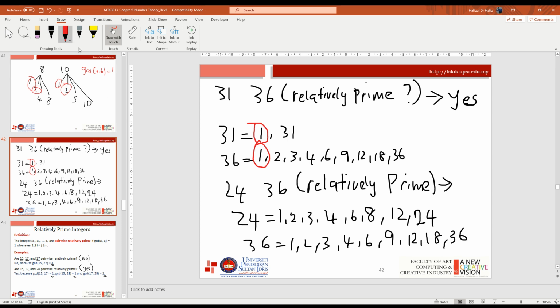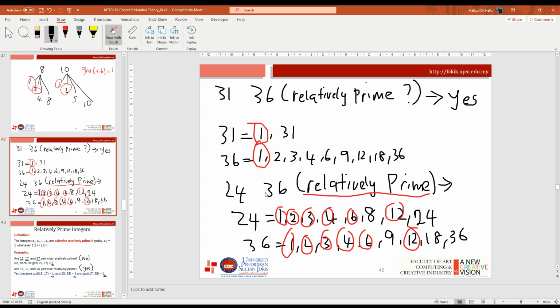The common factors are 1, 2, 3, 4, 6, 12.